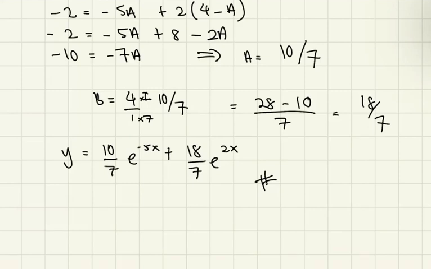Alright, so this is our particular solution for example number 2. If you are given initial values, substitute into the equation to find the constants of integration a and b, so you get the particular solution.